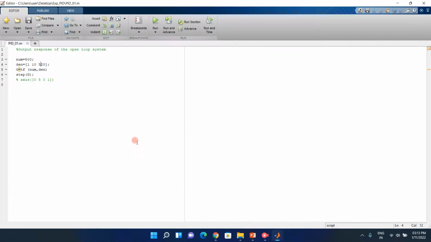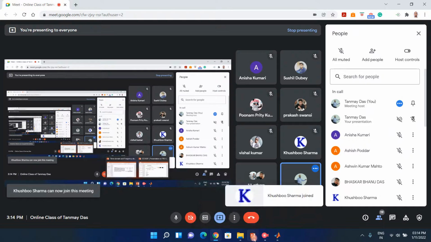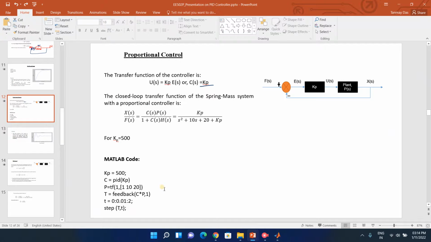So now over here we can directly use the transfer function. What will we do in this case? Our transfer function is G, isn't it? G is our transfer function. So we will take this, and now we will not use step over here.